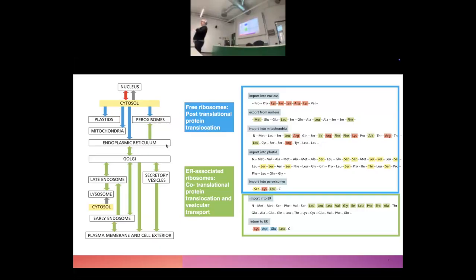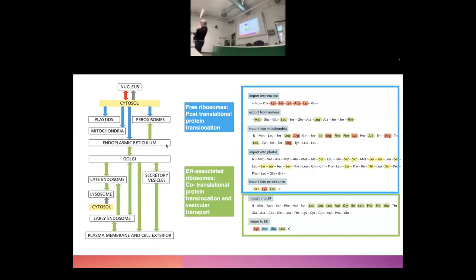On the top of a translocon, which is a water channel, allowing hydrophilic amino acids to go through. What happens if here I have a hydrophobic region? When it arrives at the level of the bilayer, it has much affinity for the bilayer and remains in the bilayer.